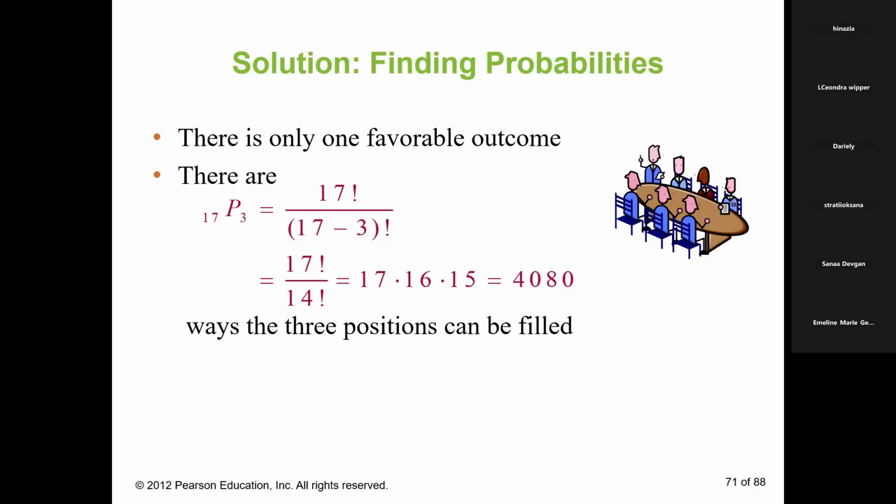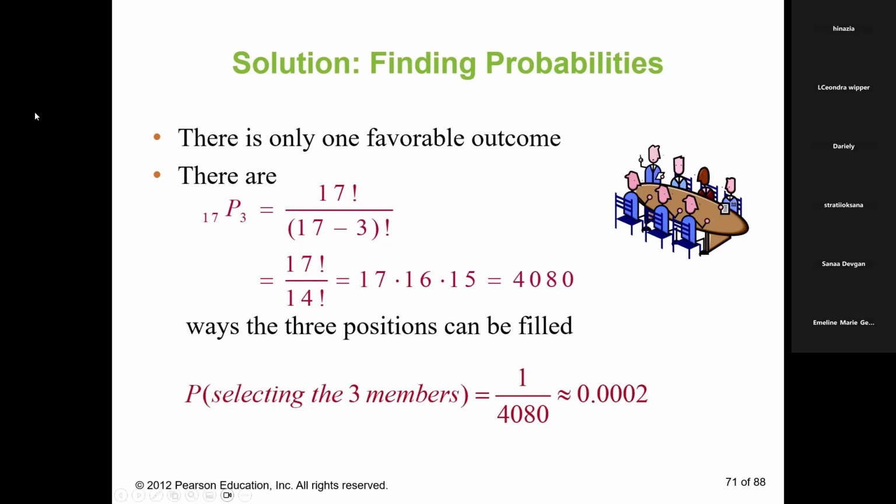Done. I took a picture. Okay. Now you need to select the 3 members. Each can be either the webmaster, the board chair, or the secretary. That's 1 over 4,080.